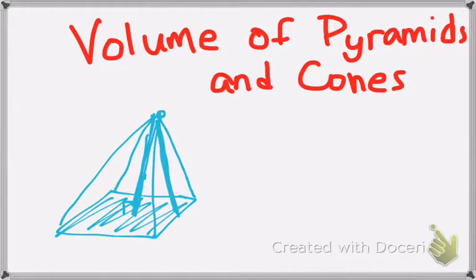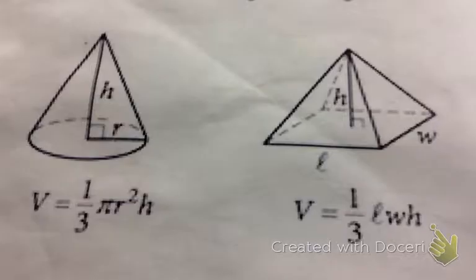Well, the good thing is we don't need to know about the slant height to find the volume. Yay! The other good thing is you have a formula sheet that contains the formula for volume of a pyramid and of a cone. And the formula for a pyramid is 1/3 length times width, or the dimensions of the base, times the height.